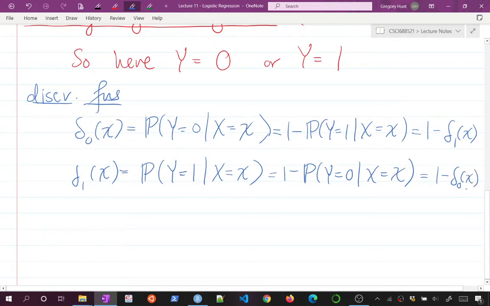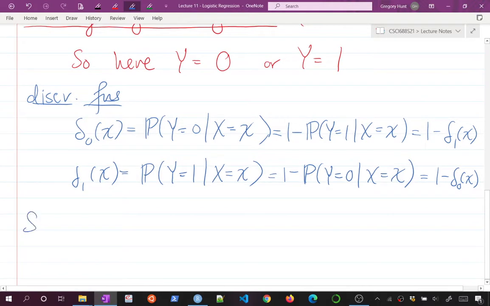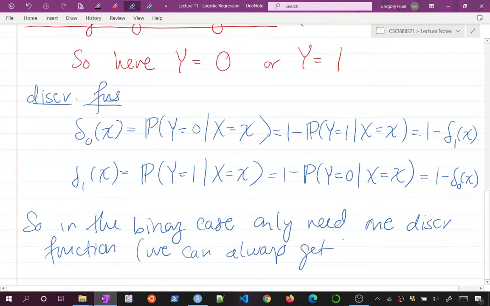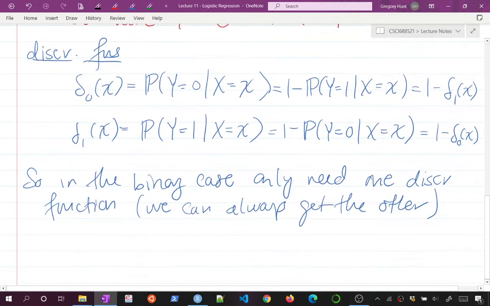And so in the binary case, we actually only need one of these discriminant functions, because we can always get the other. I only really need to talk about one of them.